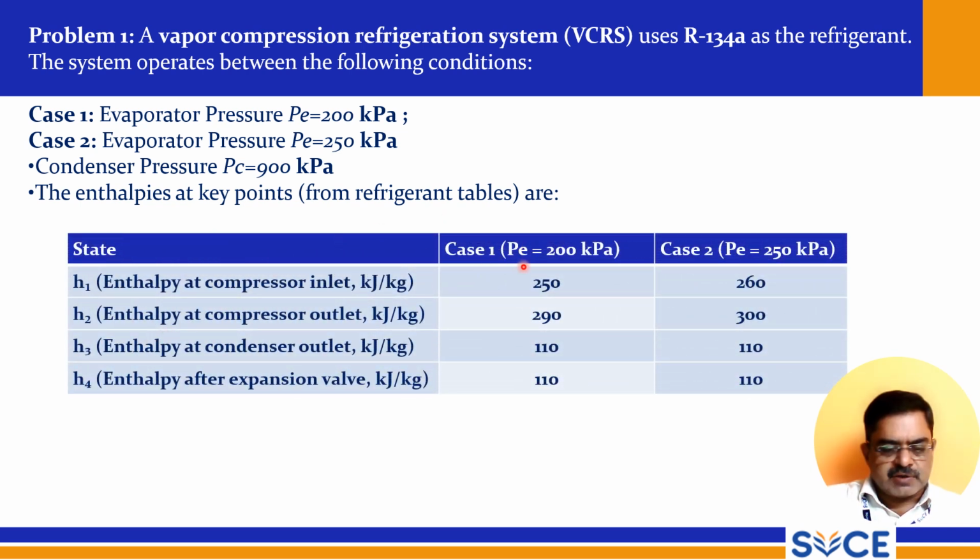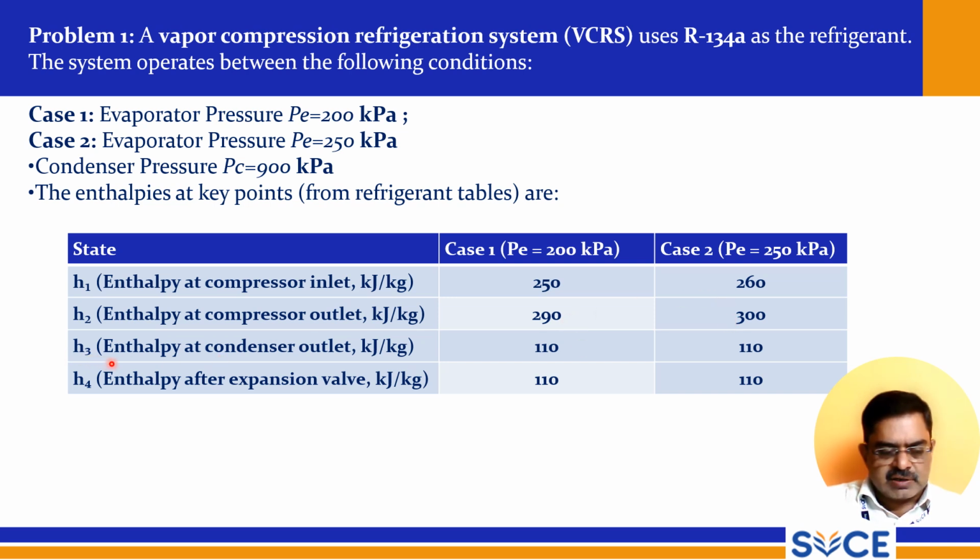H1 for case 1 is at PE, the evaporator pressure 200 kPa, and for case 2 evaporator pressure 250 kPa. H1 is the enthalpy at compressor inlet, that is 250 kilojoules per kg, and for the second case it is 260 kilojoules per kg. H2, the enthalpy at compressor outlet, is 290 kilojoules per kg and 300 kilojoules per kg for the second case.